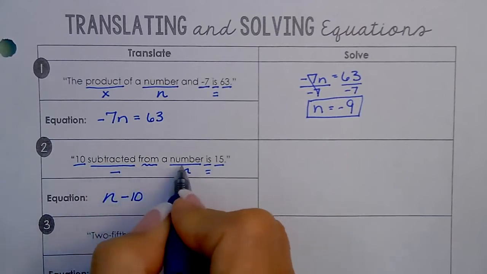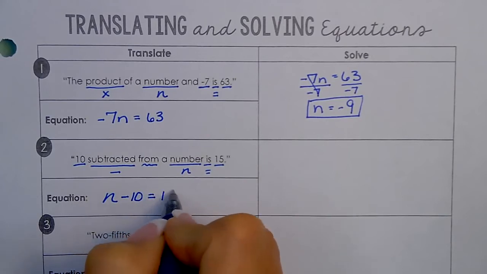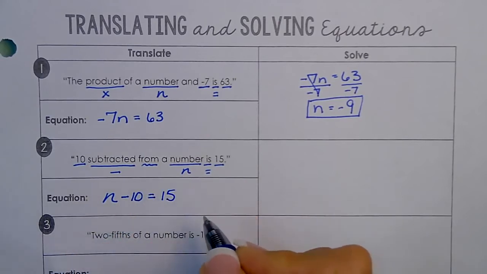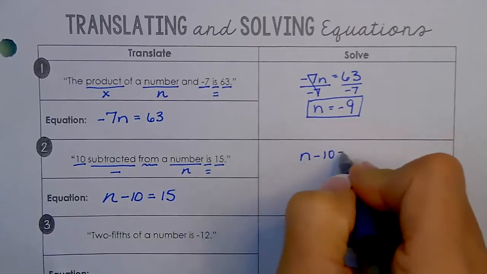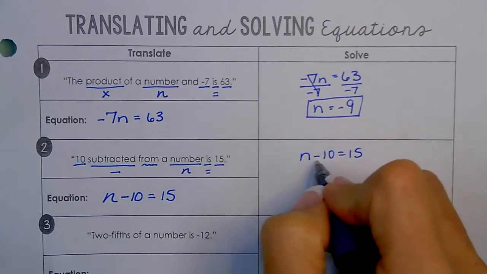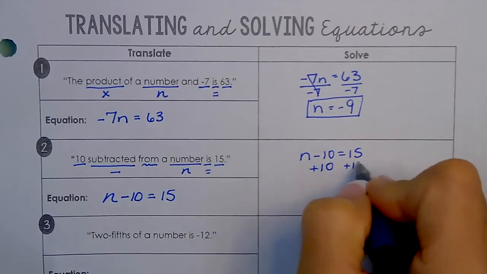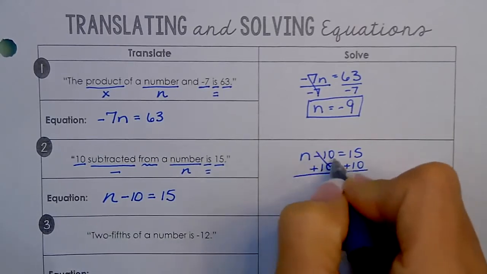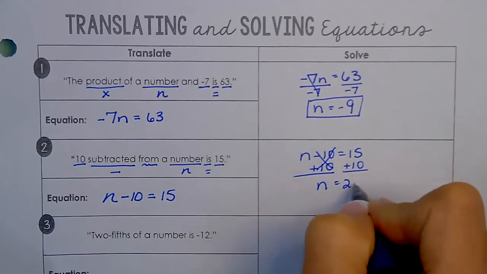So 10 subtracted from a number is 15 is the equation that represents this sentence. Let's solve. n minus 10 equals 15. Since this is subtract, I'm going to add 10 to both sides. And I'm left with n equals 25.